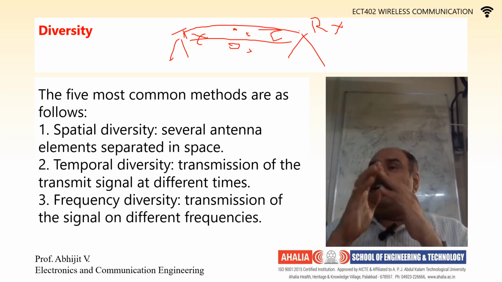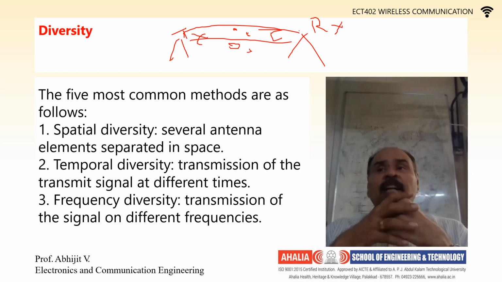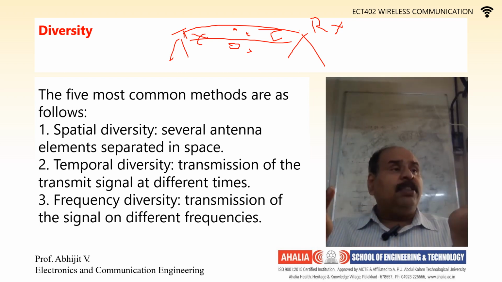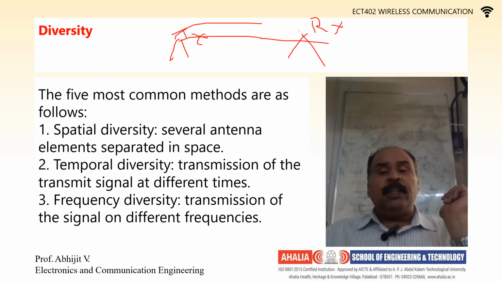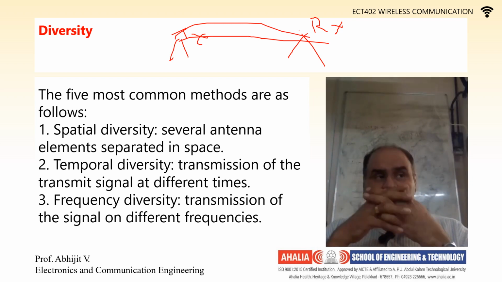So at different time intervals we are transmitting signals. We call it as temporal diversity. Similarly, when we change the carrier frequency, you have a signal here with one set of carrier frequencies, another with another band of frequencies. You have frequency diversity here.